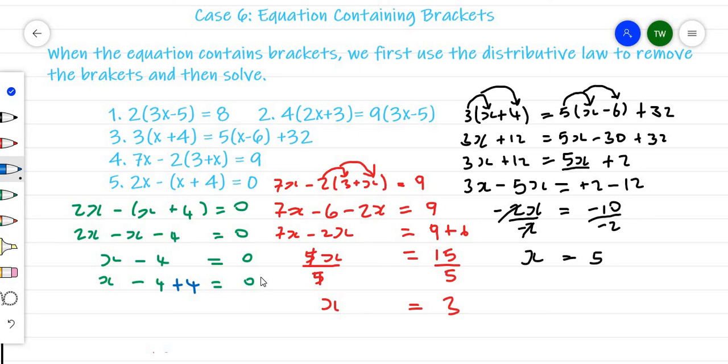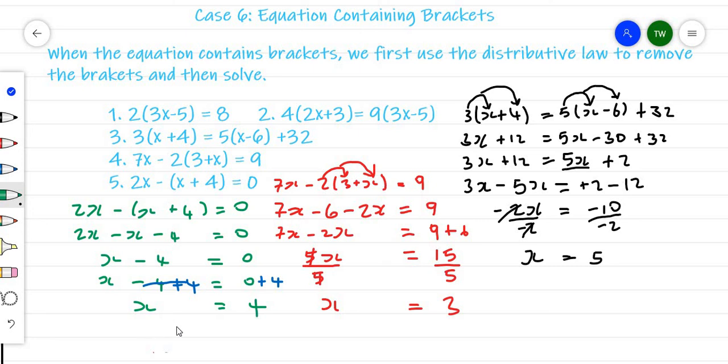And then I'm going to add 4 to this side. So clearly here, minus 4 plus 4, that's going to give me 0. So what I'm left back with is just x equal to 0 plus 4, that's just going to be 4. So x is equal to 4.